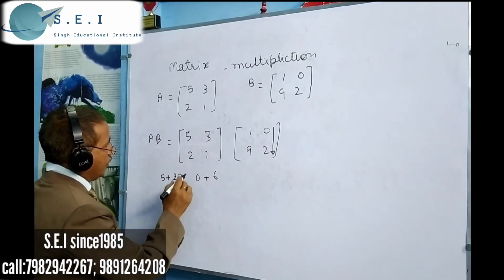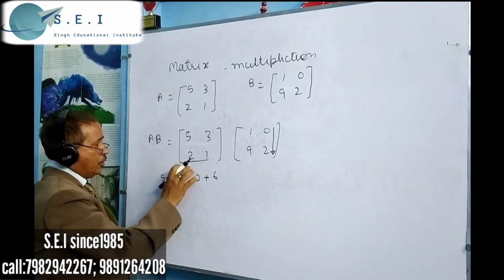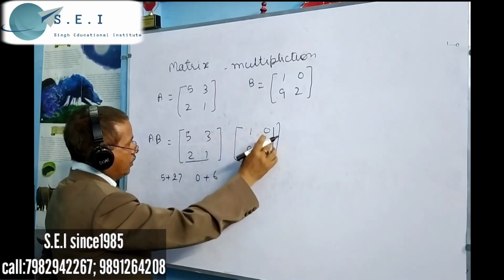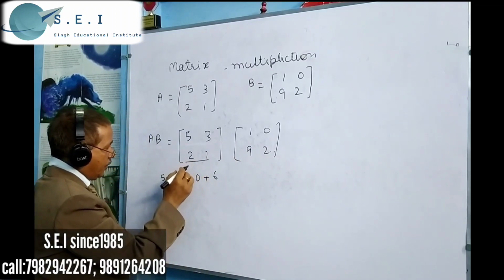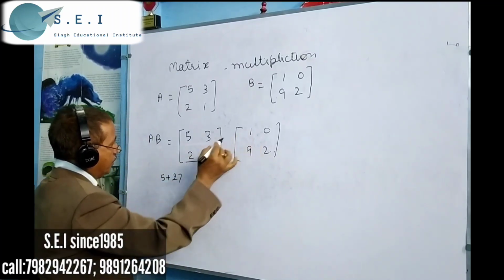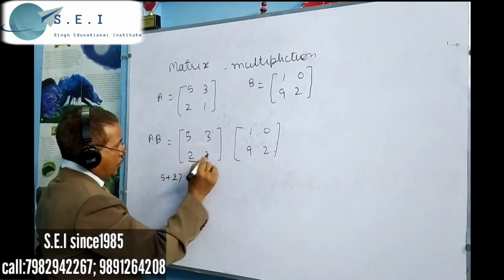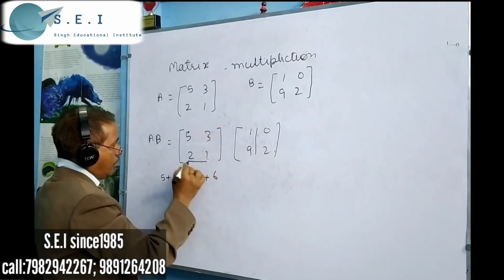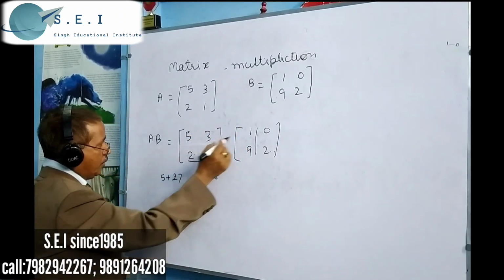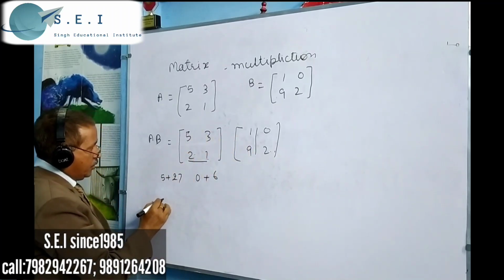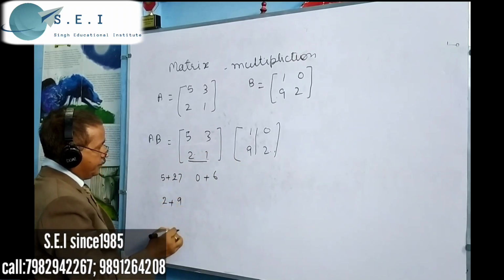The next row can be obtained by multiplying the next row, or second row, with the two columns successively. So the first row of the first matrix and the first column of the second matrix, all the elements correspondingly get multiplied and added. So 2 multiplied by 1 is 2, plus 1 multiplied by 9 is 9.